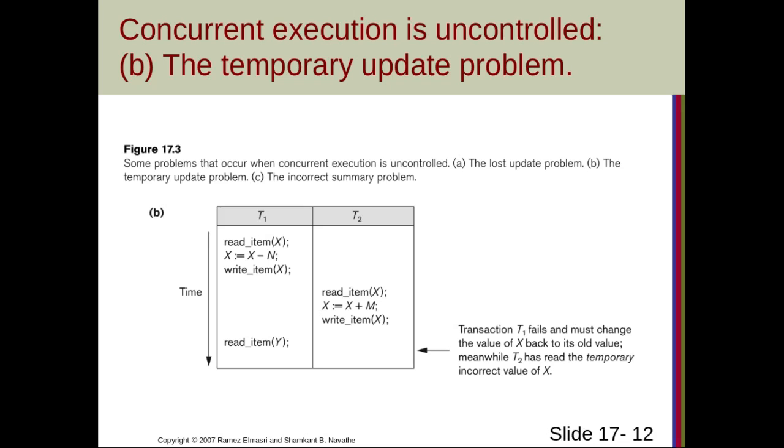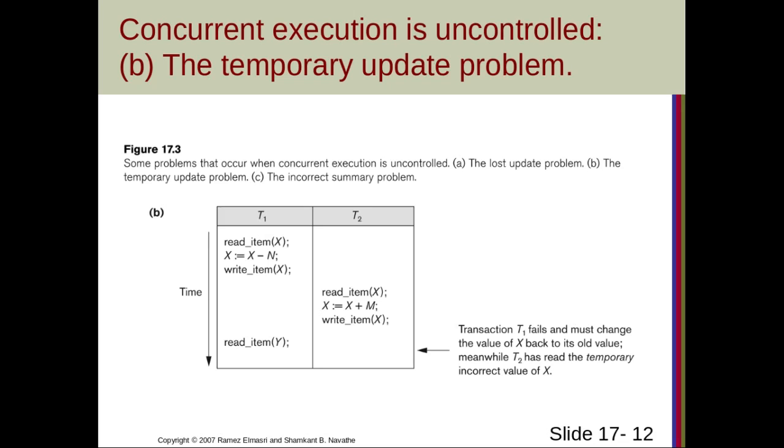So when you are executing these three statements, read item x, x is equal to x minus n, and write item x, the value of x is updated and that value is read by T2, and T2 is again incrementing that value by 20.